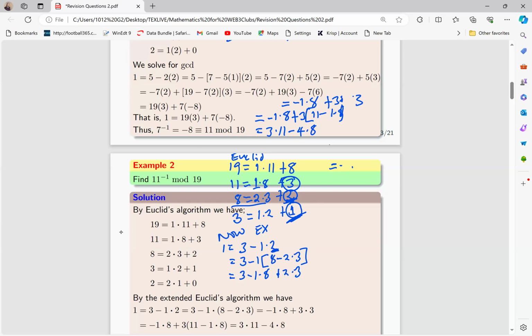Let me collect like terms. Now replace the last remainder, which is 8. Let's do it here. 3 times 11 minus 4, and it's 8 that we are writing the equivalent. 1 times 11.